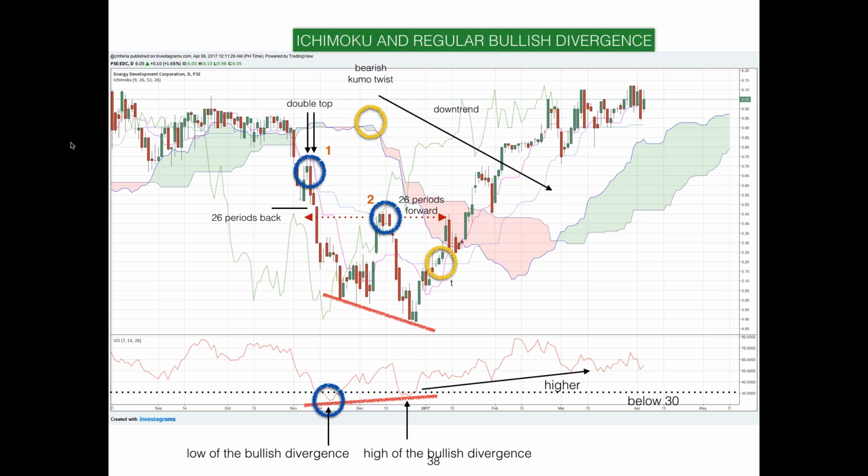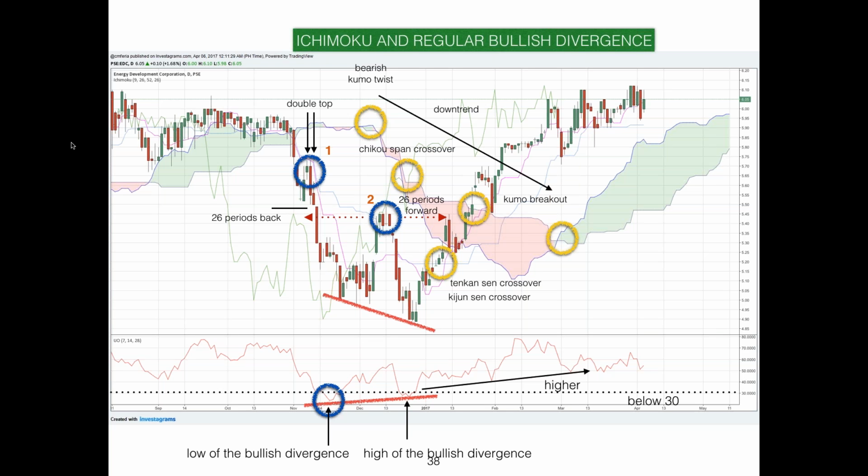We see this Tenkan-sen crossover. We see the Kijun-sen crossover, where price broke above the Kijun-sen. We have a price breakout above the Kumo. We have the Chico span crossover above the Kumo.